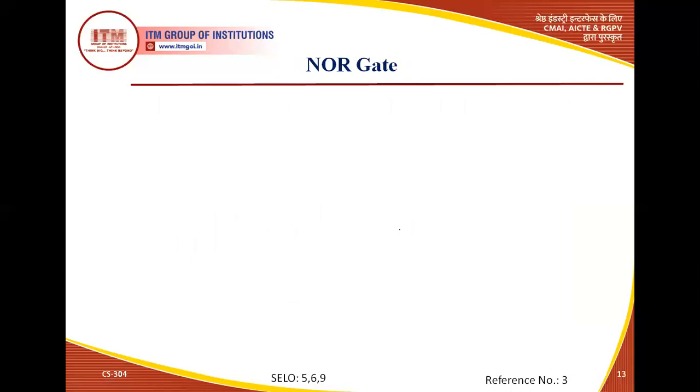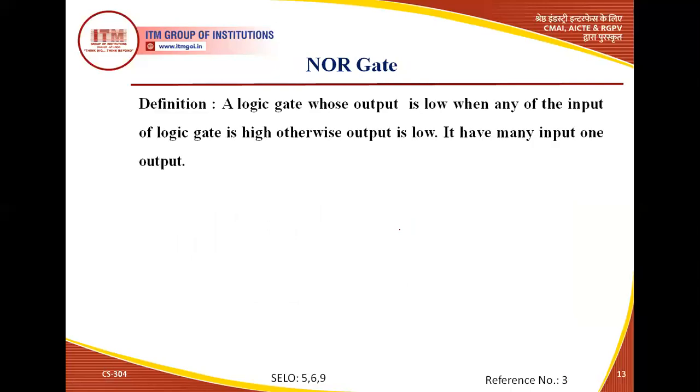The second universal logic gate is the NOR gate. The NOR term consists of OR plus NOT. That means if we invert the output of the OR gate, we get the NOR gate or NOR logic. A NOR gate is a logic gate whose output is low when any of the inputs is high.